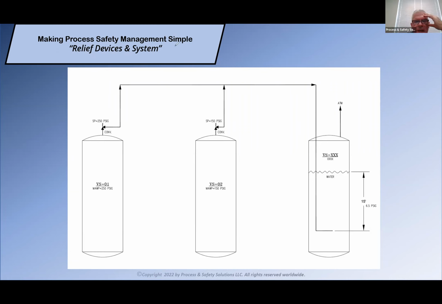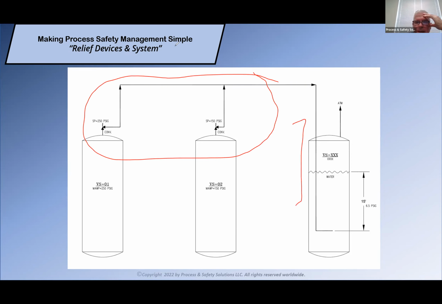So in this particular case, I have 3 vessels. These 3 relief valves are relieving into, this is a typical dump tank. So everything from these relief valves relieves into this tank full of water, and then it's absorbed in the water and comes out to the relief vent on the atmosphere.